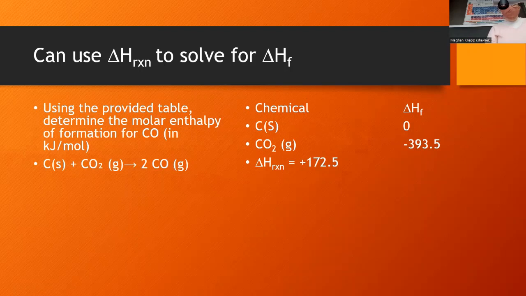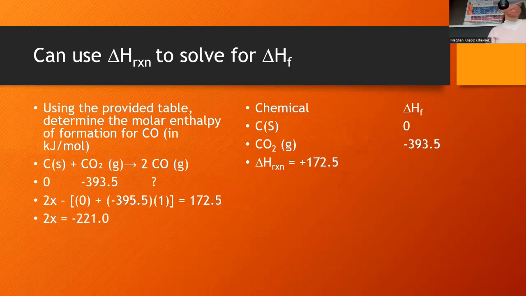This reaction, carbon plus carbon dioxide giving carbon monoxide, has an enthalpy of reaction of 172. So I can have the enthalpy of formation for carbon monoxide be my unknown and solve for that. I won't do something like that on the test. I will only ask for the whole enthalpy of reaction, but it's another thing that you can do.